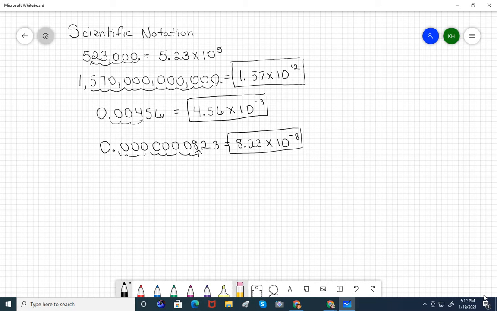Okay, so that shows us how, if we have a number in standard form, we put it in scientific notation. Now, it's really important: there's a lot of numbers that are equal, but that doesn't mean they're in scientific notation.